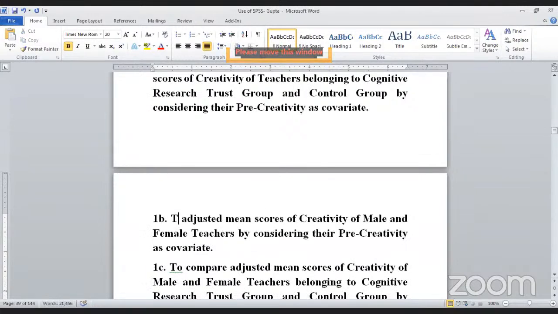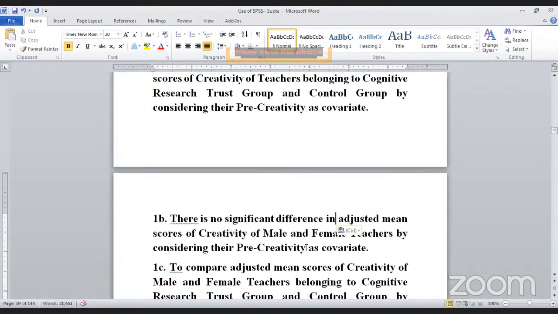And now here will be, there is no significant difference in adjusted mean scores of creativity of male and female teachers by considering their pre-creativity as covariate.